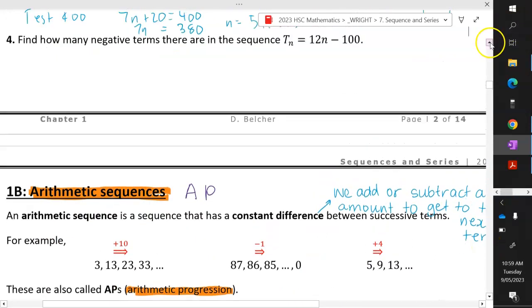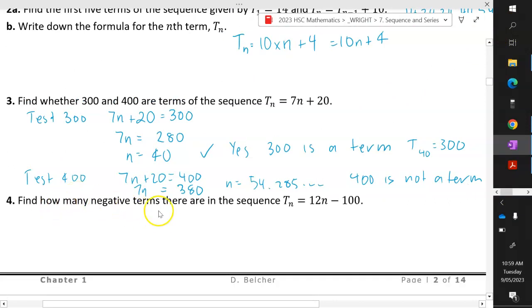Next question down is how many negative terms there are in this sequence here. So let's have a look at the language for that. So we want negative terms. So negative means we're less than 0. So we want to find terms for which 12n minus 100 is less than 0. Not equal to 0 because it says negative. So let's look at 12n minus 100 less than 0.